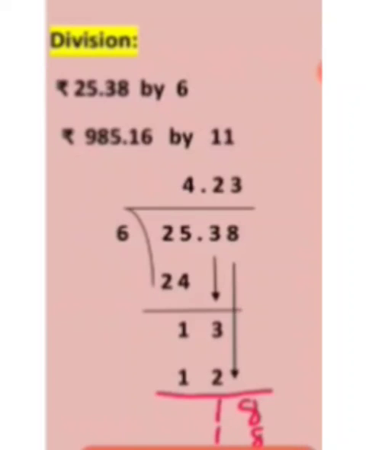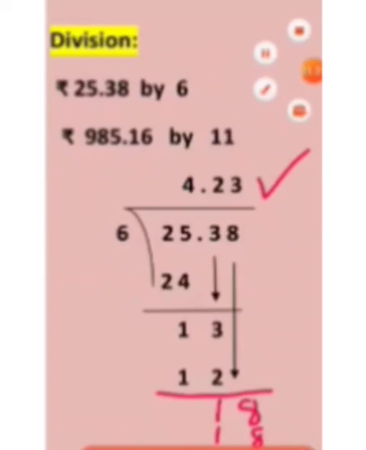So our division is over and our answer is 4.23. 4.23, and in the answer, what is the important work? You will write rupees symbol. That is most important. So our division is completed here.